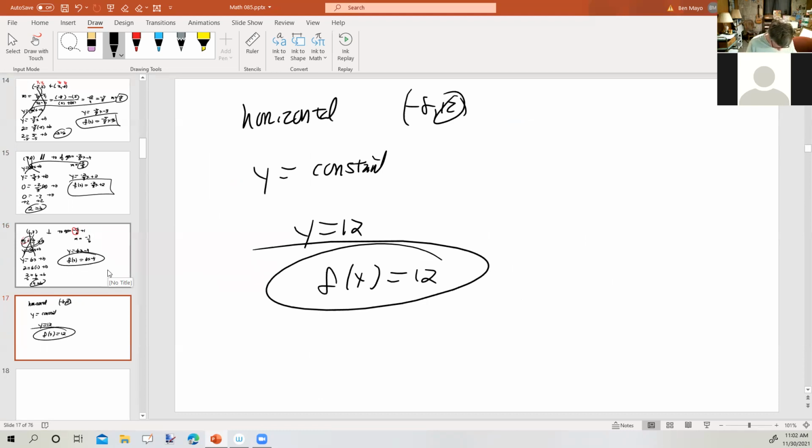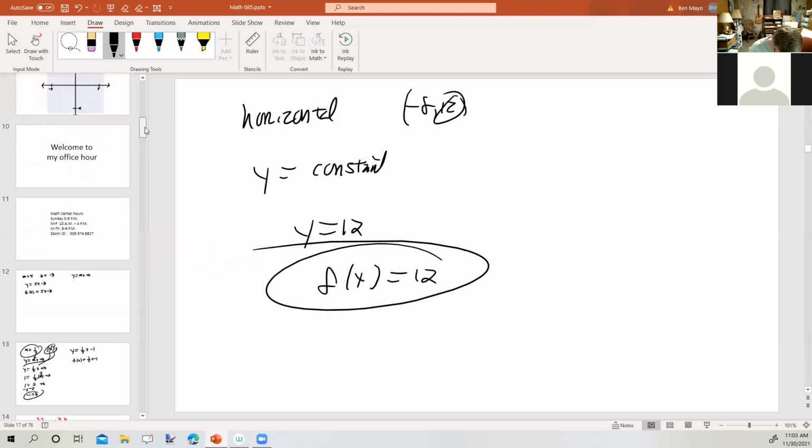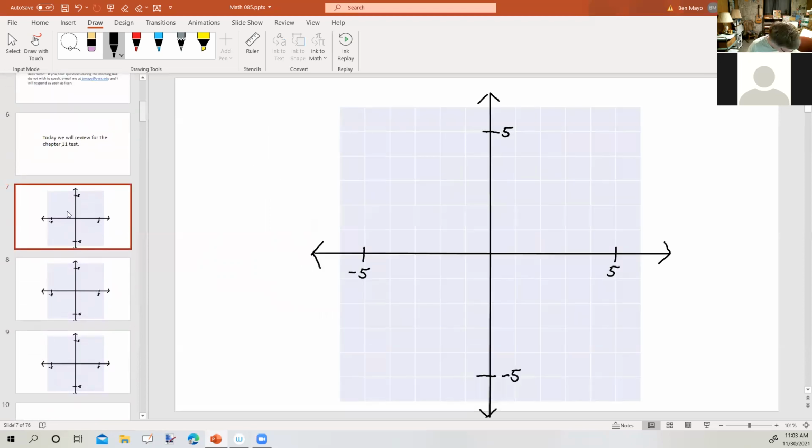Let's see, what do we got here? 8.3 comes up next. 8.3. Let's go back here. And let's say we've got the following graph.